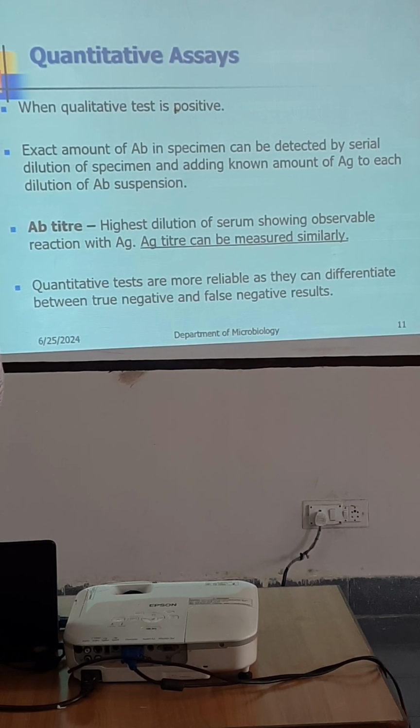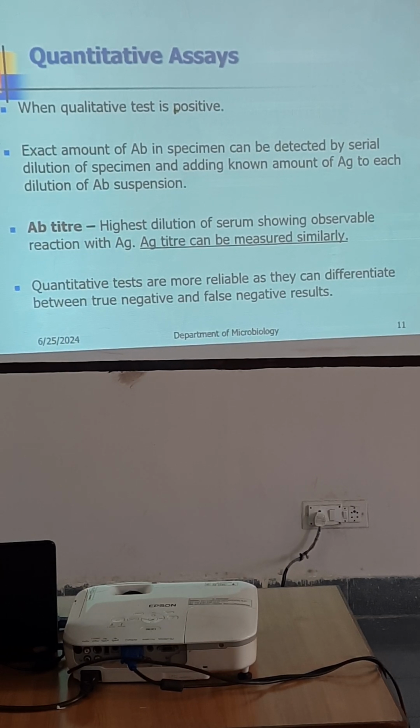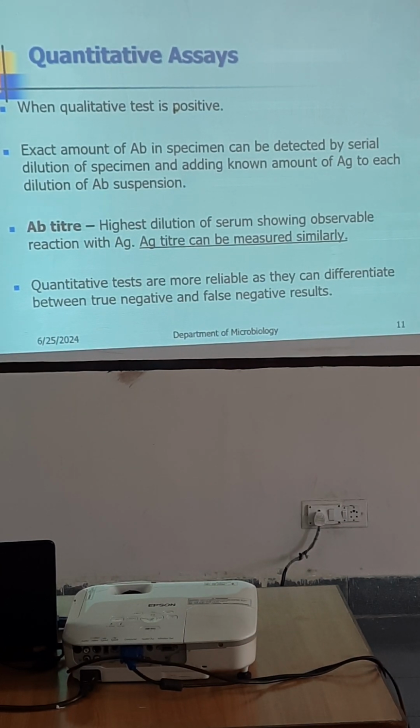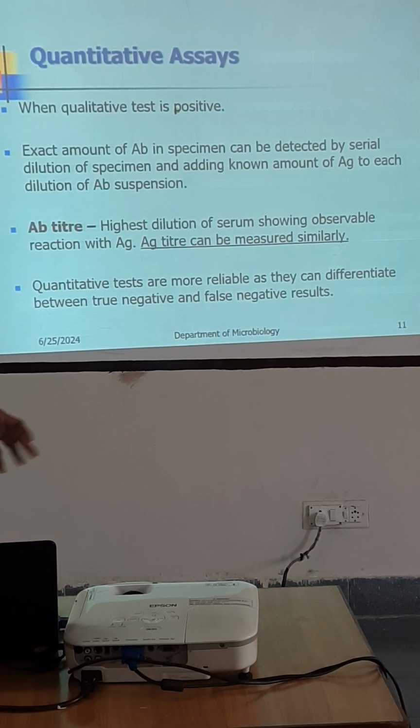A significant titer is slightly above this baseline titer, which signifies that it is because of the infectious agent's presence in the host body. This is called significant. And here the quantitative assays play the most important role.